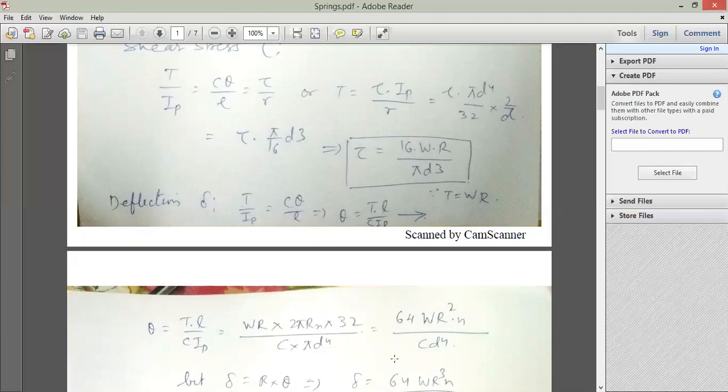This way it comes out as 64 WR square N divided by C d raised to the power 4, since pi is cancelled out and 32 is multiplied by 2. So we get theta, the angle of deflection, as 64 WR square into N, where N is the number of coils.